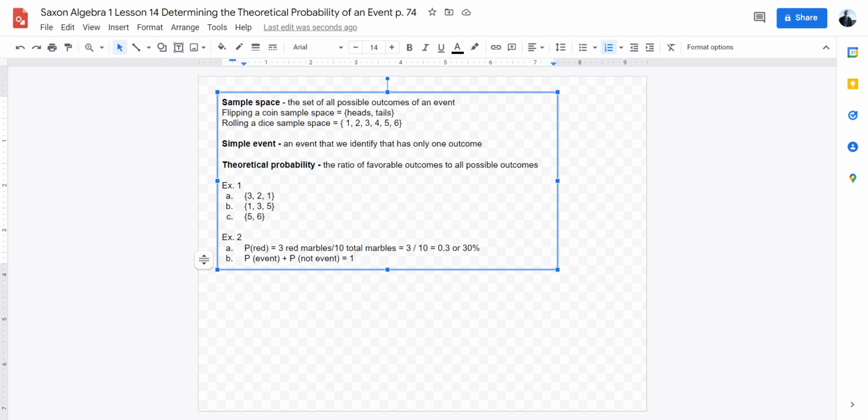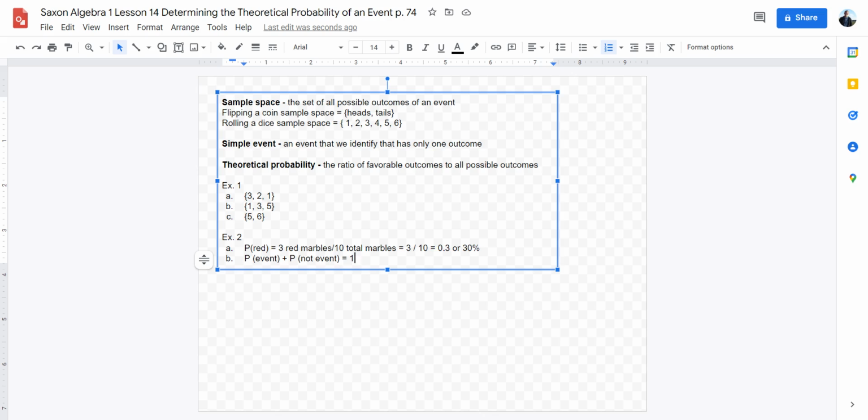I'm either going to flip a heads or a tails, right? The probability of me flipping a heads is equal to the probability of me flipping a tails with that coin. And if I add up the probability of a heads and the probability of a tails, I should equal 1 or 100%, because the event is going to happen regardless of whether it's heads or tails. So there's 100% chance the event happens. There's only a 50% chance it's heads, 50% chance it's tails.